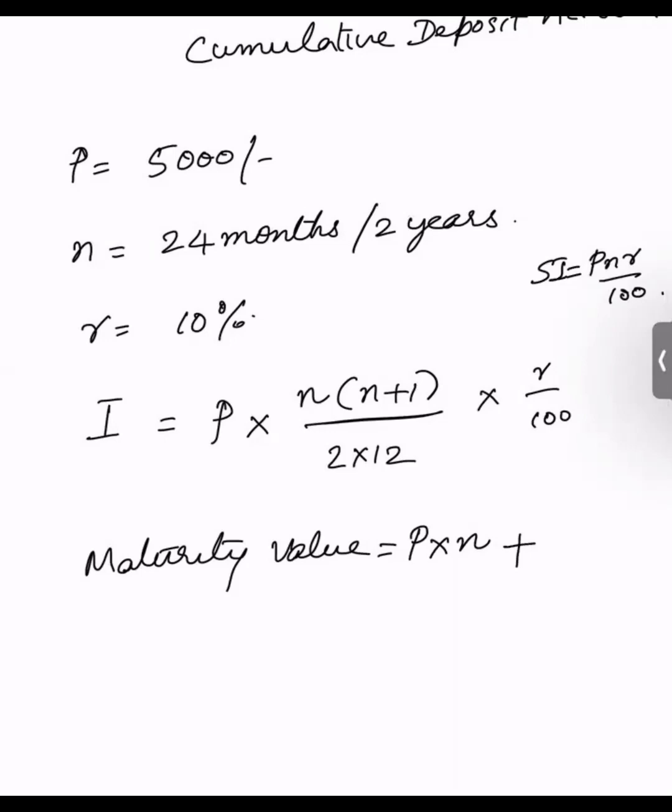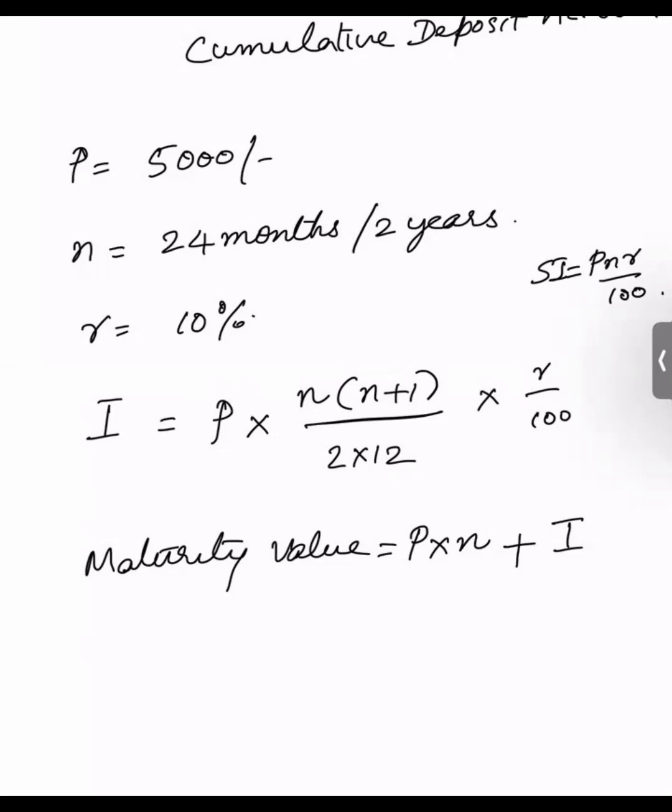That amount plus interest is what I would be getting at the time of maturity. So P into N plus I would be the formula to calculate maturity value. What is the formula to calculate interest for recurring deposit? It is P into n into n plus 1 divided by 2 into 12. You can also say 2 into 12 as 24, okay? 24 into R by 100.